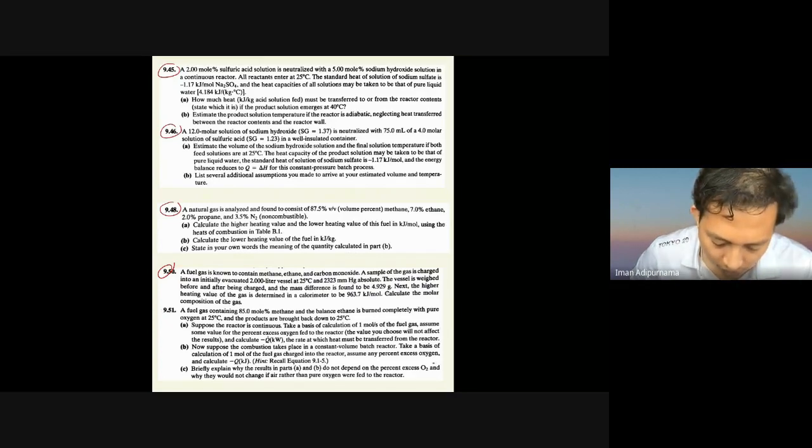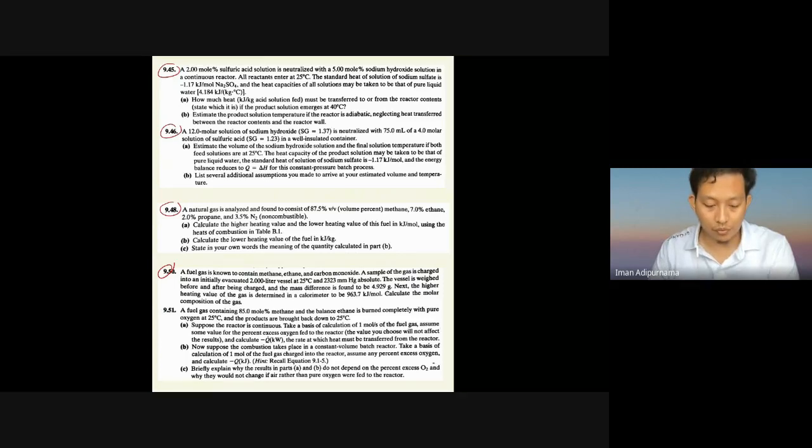And heat capacity of all solutions may be taken to be that of pure liquid water. How much heat must be transferred if the product solution emerges at 40 degrees Celsius? And estimate the product solution temperature if the reactor is adiabatic.